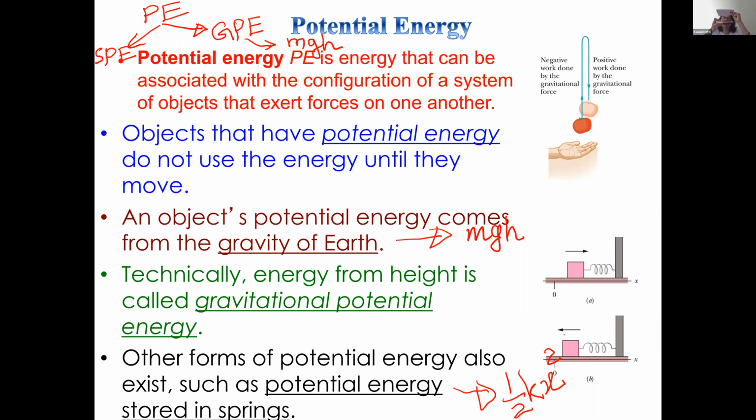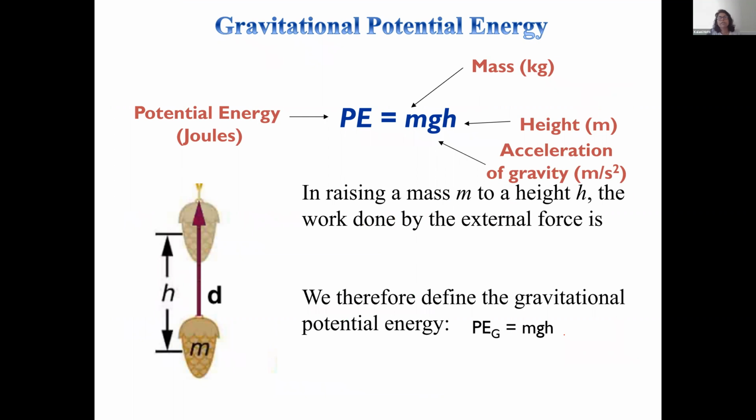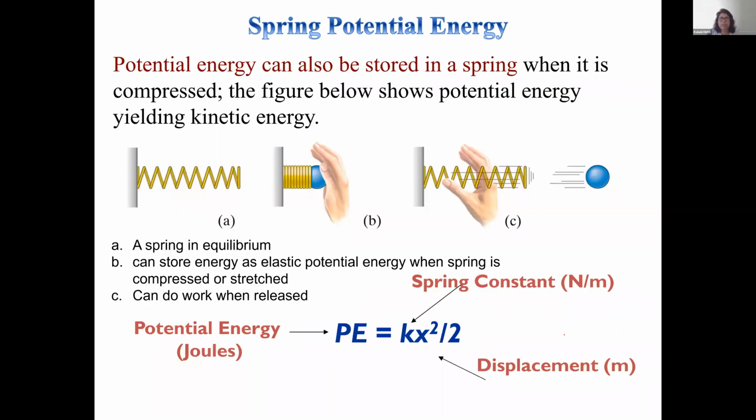Because of that, this one is negative mgh. Other than that, kinetic energy and spring potential energy will always be positive values. Spring potential energy is half times k times x squared, as I talked about earlier.